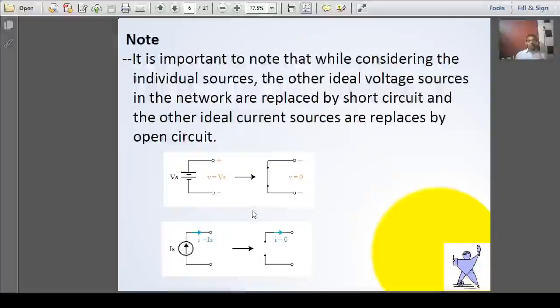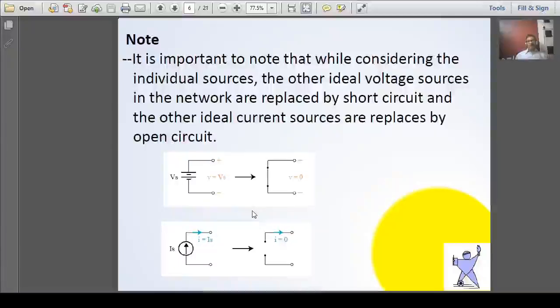So the important thing is that as we know, we apply the superposition theorem in the network when we have more energy sources, two or more than two energy sources. These energy sources may be in form of voltage source or current source. The important thing is that we must consider these voltage sources as ideal voltage sources and the other current sources as ideal currents.